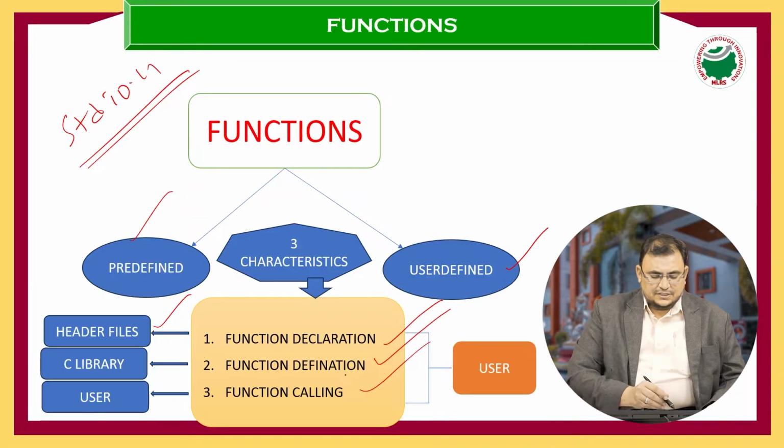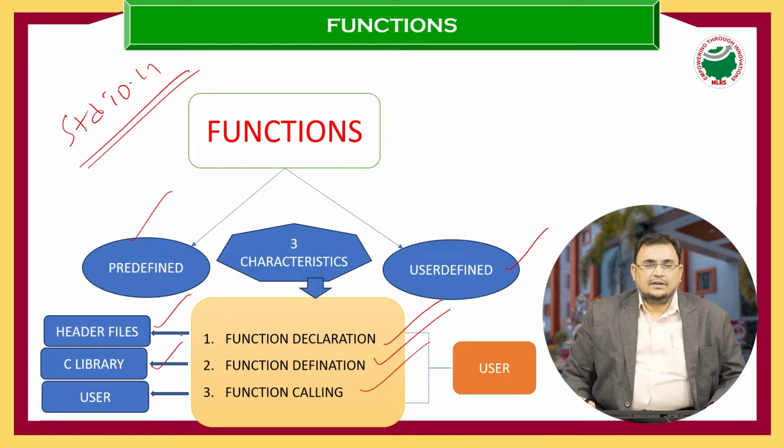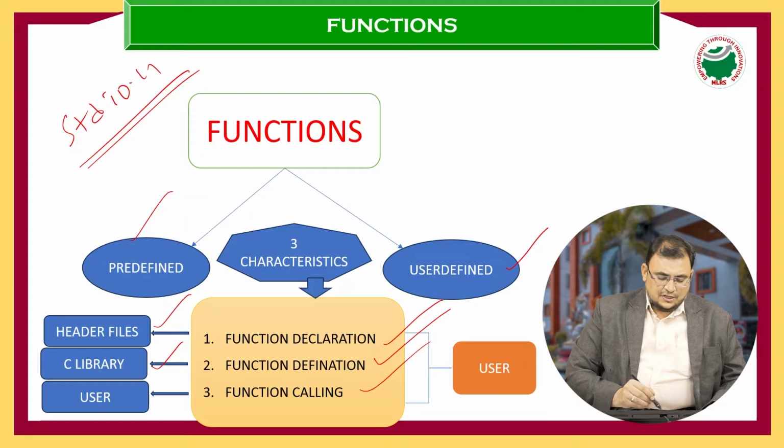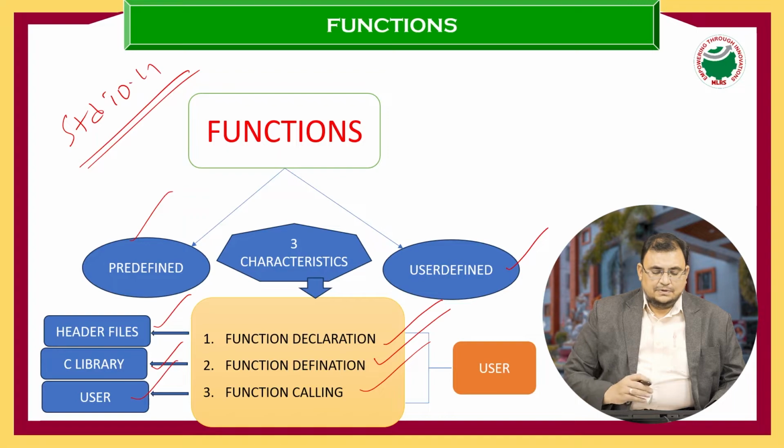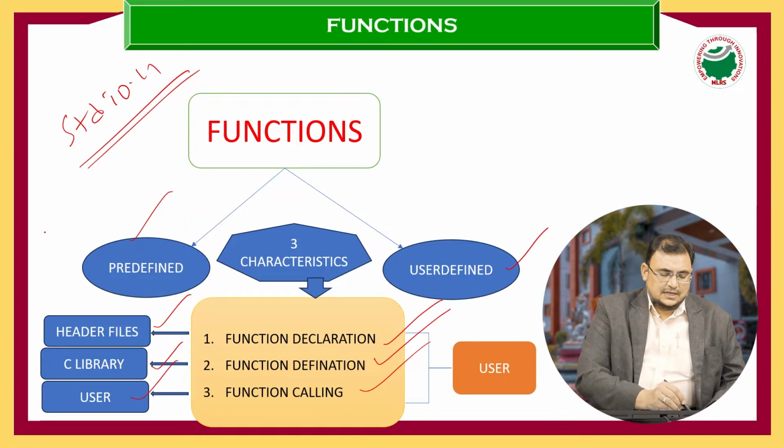The function definition for a predefined function is available in the C library in the form of object code, and for function calling, the user only calls the predefined functions. So the user calls the predefined function, the declarations are available in header files and the definitions are available in the C library. During the compilation process, they are linked together. And these predefined functions are also known as library functions.